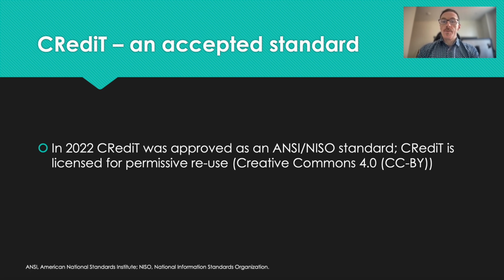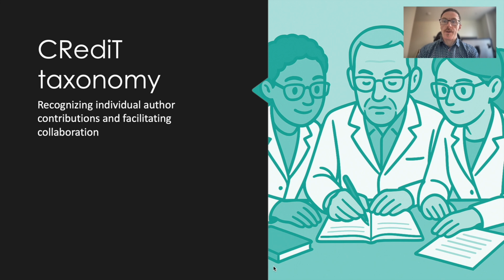NISO develops, maintains, and publishes technical standards related to publishing, bibliographic, and library applications. So since 2022, the CRediT taxonomy has become an accepted standard for disclosing authors' contributions in a research paper. So it adds a bit more weight to the requirement of including this list.